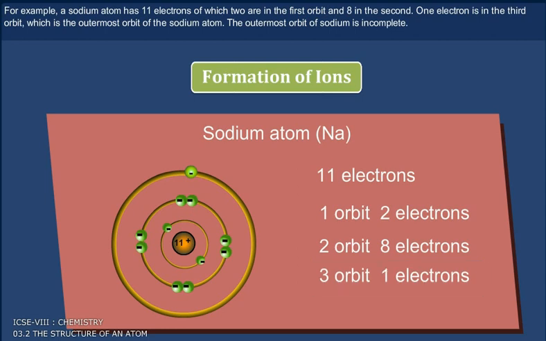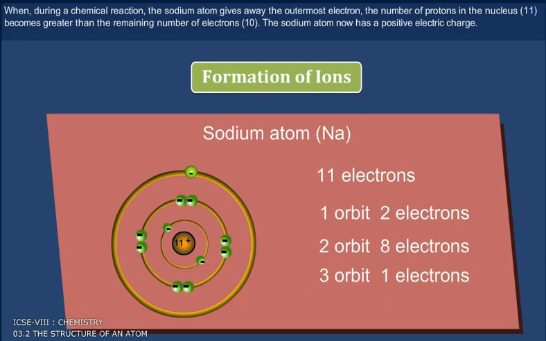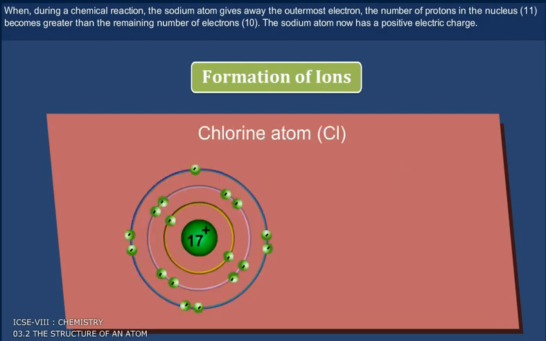The outermost orbit of sodium is incomplete. When, during a chemical reaction, the sodium atom gives away the outermost electron, the number of protons in the nucleus, 11, becomes greater than the remaining number of electrons, that is 10. The sodium atom now has a positive electric charge.